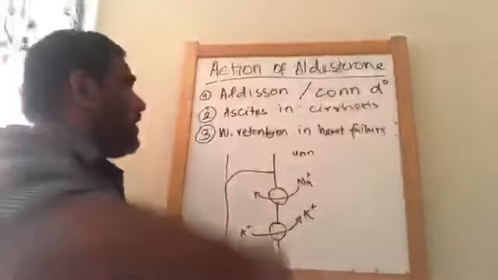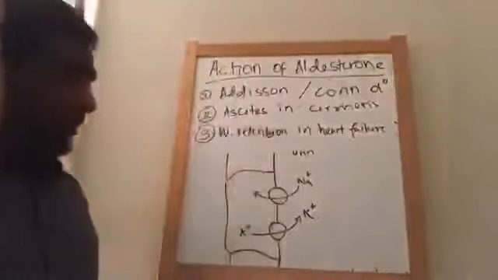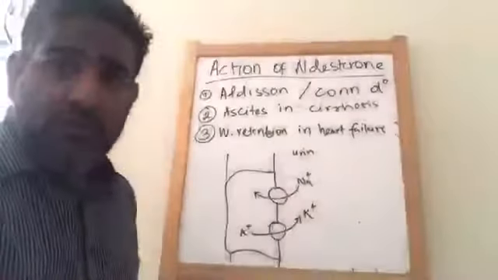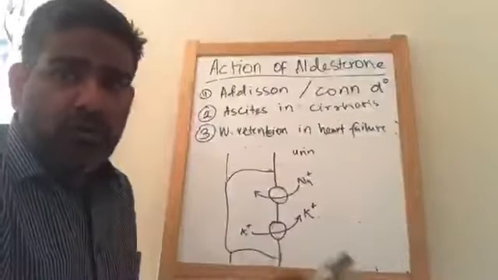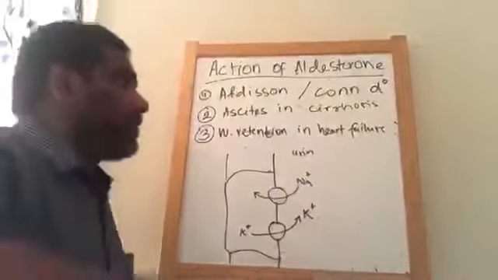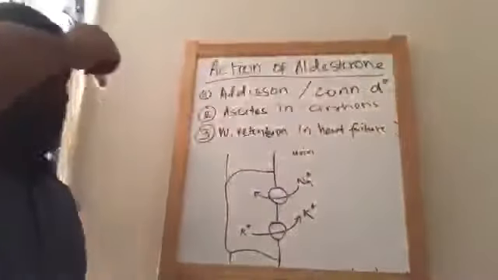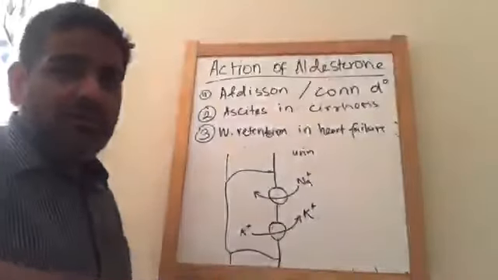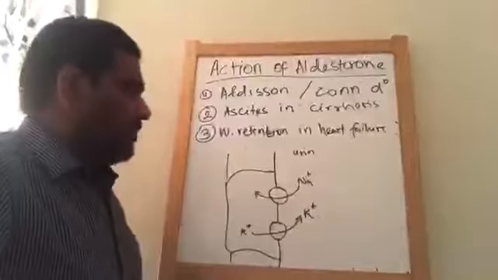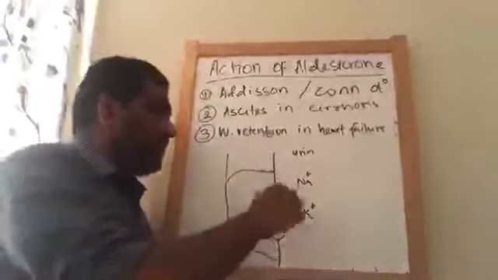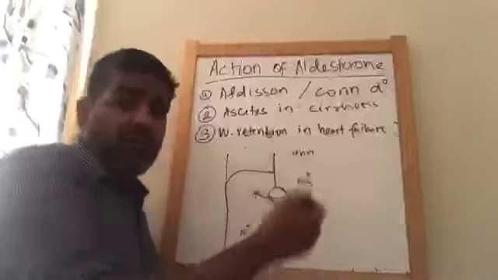So in Addison disease, there are low levels of both glucocorticoid and mineralocorticoid, that means aldosterone. So when there are low levels of aldosterone, this pump activity becomes lower.